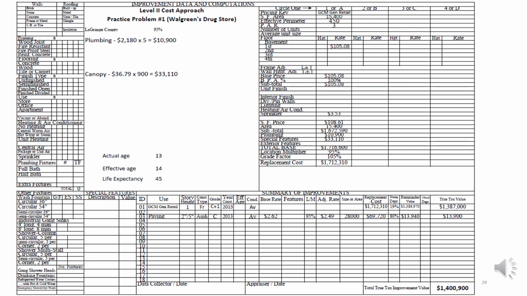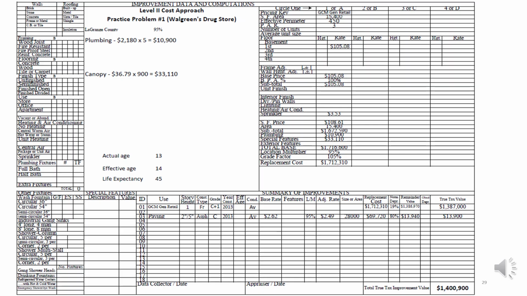And then now we need to find our depreciation for our paving. So again, we're going to go back to page 21 in Appendix F, and we're going to convert our actual age to effective age. So when we go down to 13 and we go over to average, we find our effective age of 14. And now for our life expectancy, this is a yard structure.